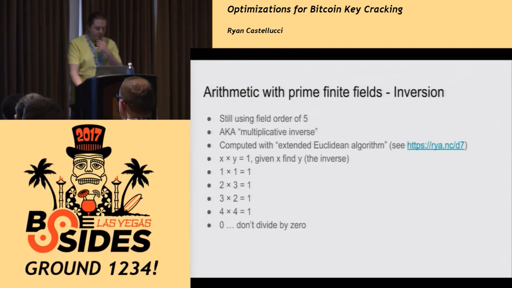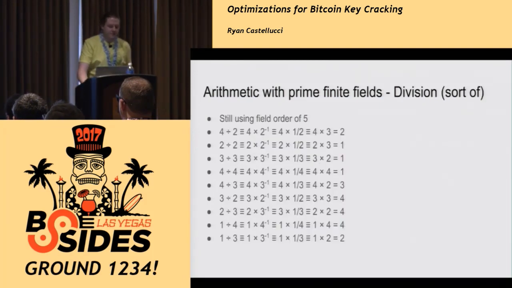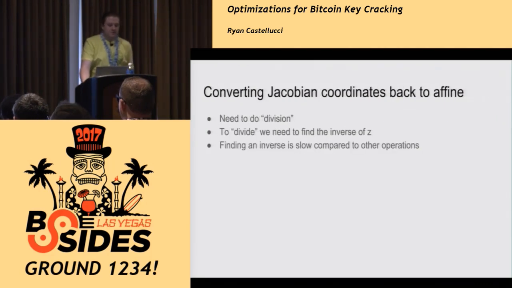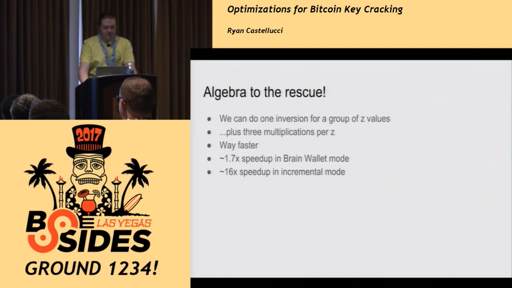In our 5-element toy field, this is the table, and don't divide by 0 because that's bad. Here are some examples. So to convert our Jacobian coordinates back to affine, we need to do division. To do division, we need to find the inverse of the z value. Finding the inverse is very slow. But we can cheat with algebra.